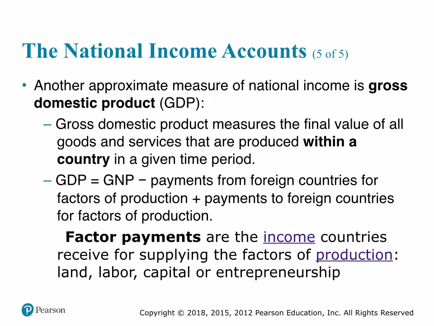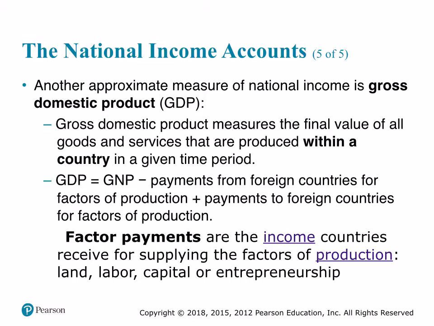Another approximate measure of gross national income is gross domestic product, which is GDP. GDP includes GNP minus payments from foreign countries for factors of production plus payments to foreign countries for factors of production. So what is a GDP?